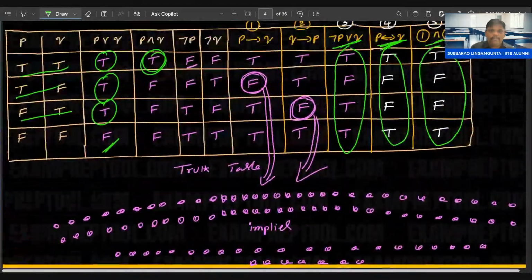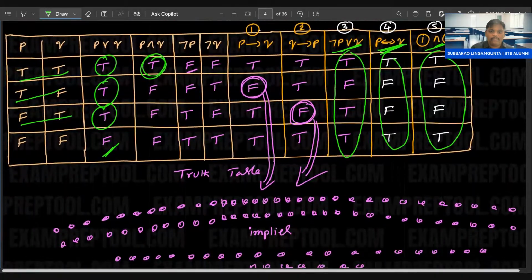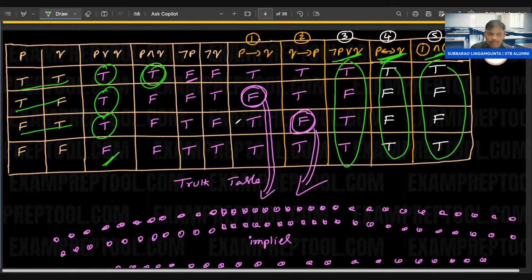Can you see this one? In this table, if you observe, I said the tautology, all the things. But if you observe clearly in this table, 1 and 3 are both the same. Remember, if two truth tables are equal, then I can say those two equations are equal.